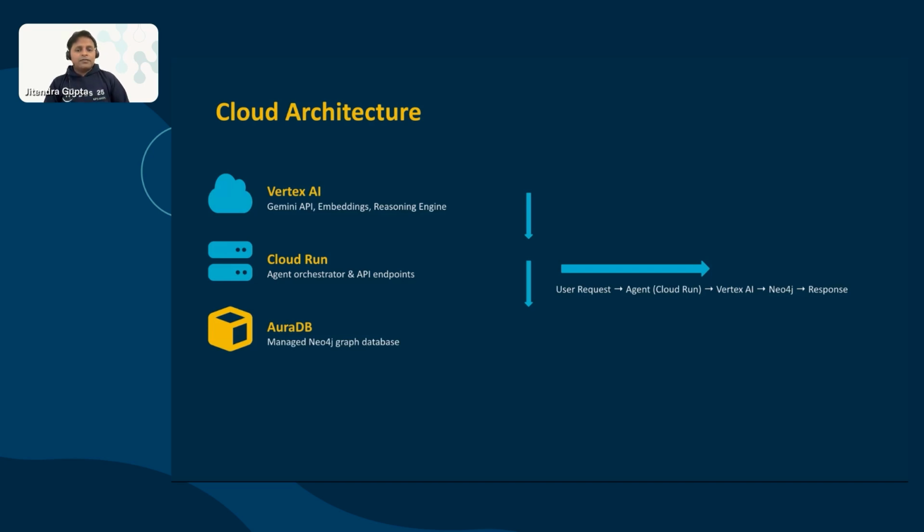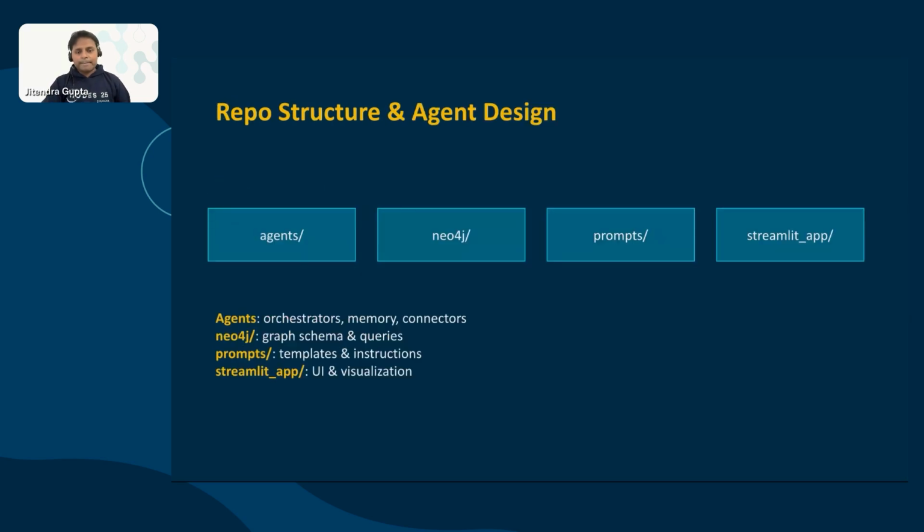Now if we look at the flow, let's say a user requests certain queries to an agent which is already deployed to Cloud Run. Behind the scenes, Cloud Run is going to interact with Vertex AI, and Vertex AI is going to work with Neo4j by passing on those Cypher queries, and it gets back the result. Okay.